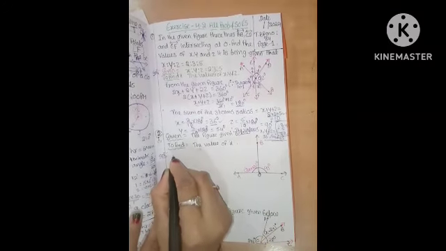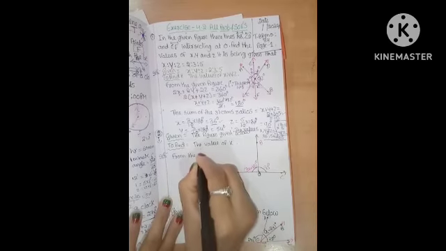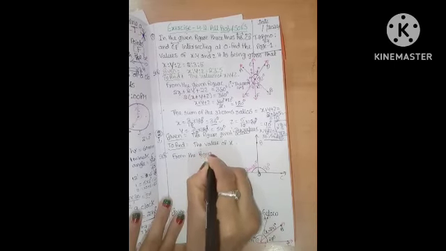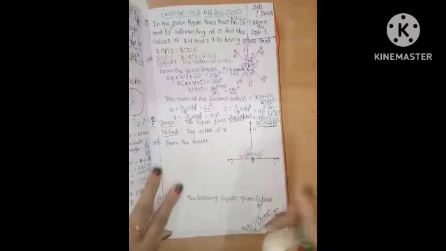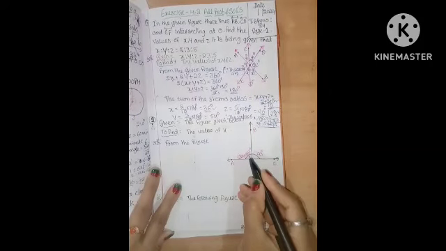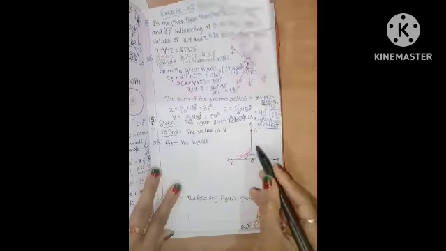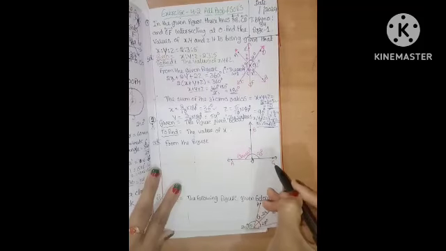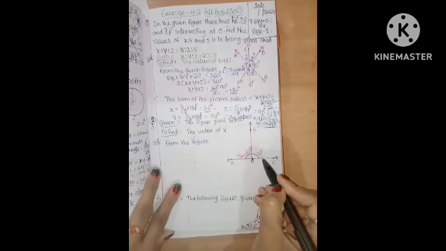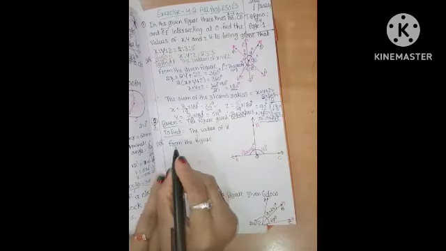Yeah, from the figure, angle AOB is equal to 3x plus 18, plus angle OBC is equal to 93 only. Okay. The sum of these two angles is equal to 180 degrees.